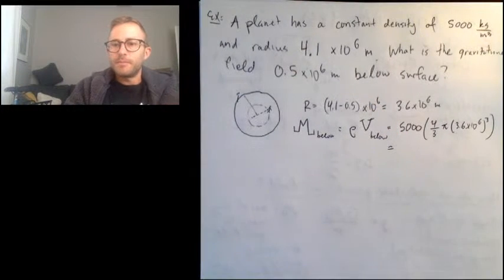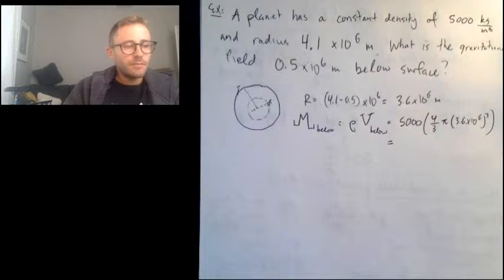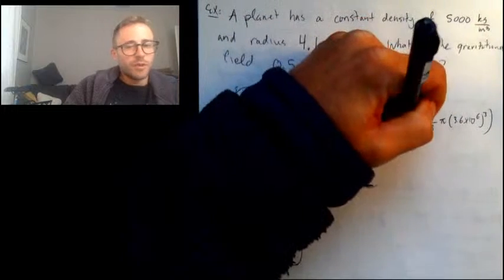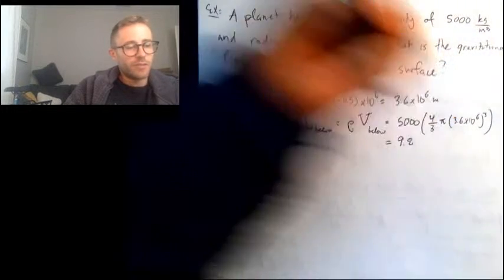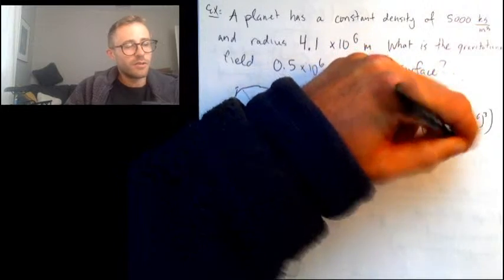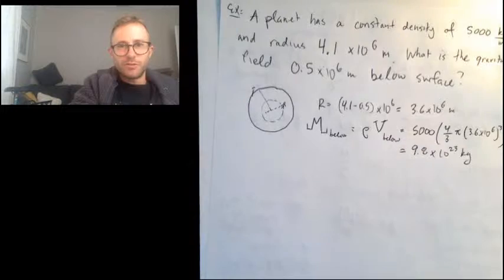So we get that the mass below is 9.8 times 10 to the 23rd kilograms.